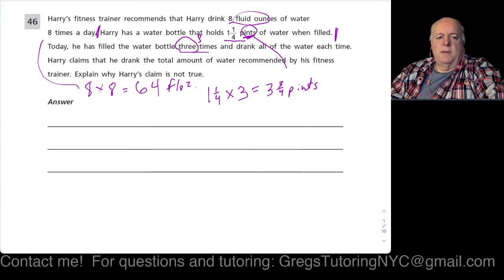So we had that 1 pint is to 16 fluid ounces. Okay, we also know he actually used 64. So if we set up that ratio with 2 ratios, as in we don't know how many pints he used, to 64, because that's how much he's supposed to be drinking. Okay, therefore we can find it out.